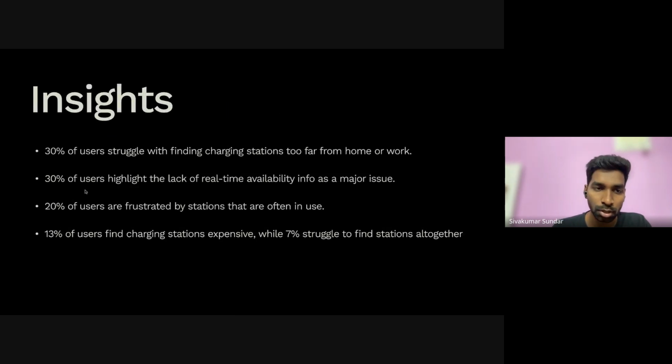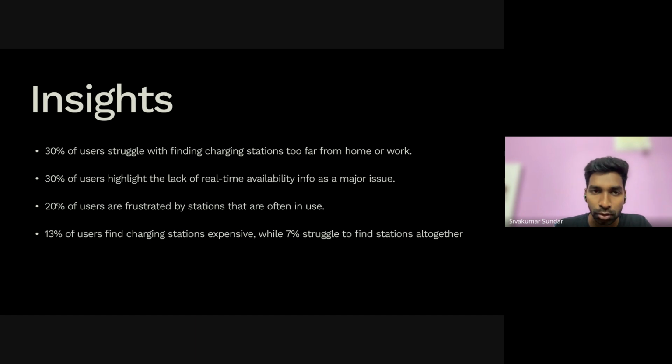So, for example, from whatever questions we asked and for whatever data we have, what did you find out? 30% of the users struggle with finding charging stations because it's too far from home or work. And 30% of the users highlight the lack of real-time availability. These two have 30% importance.